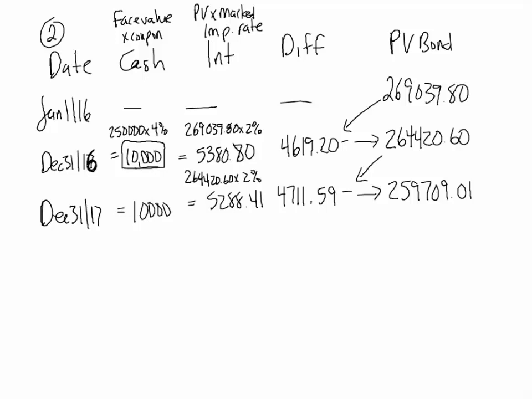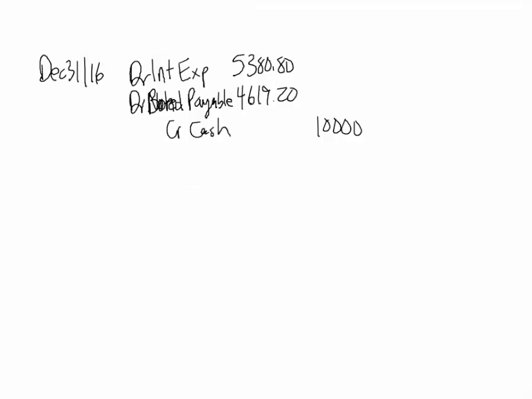Okay, so now going to my entries again, I'm going to do an entry at December 31st, 2017. I'm again going to have a credit to cash for the $10,000.